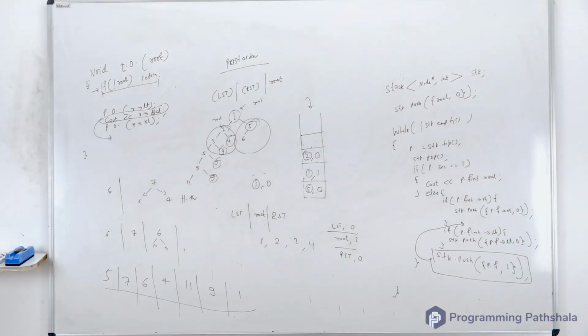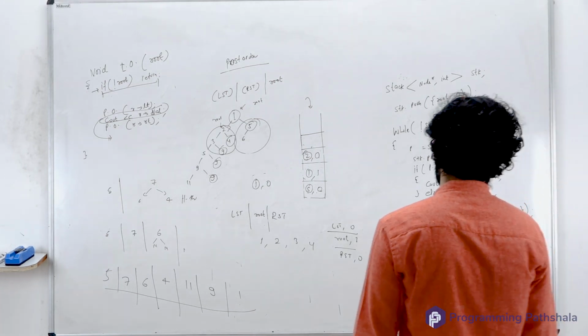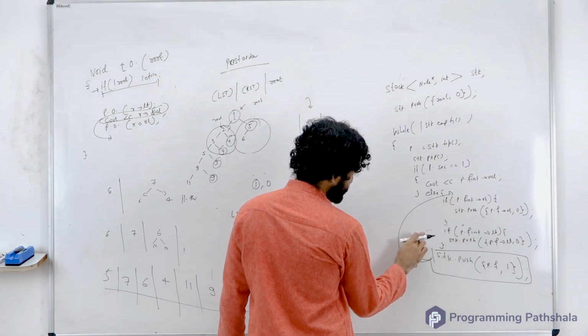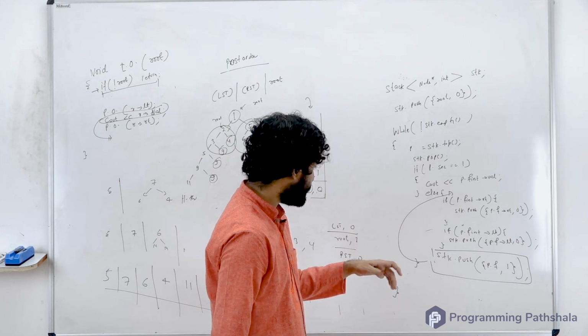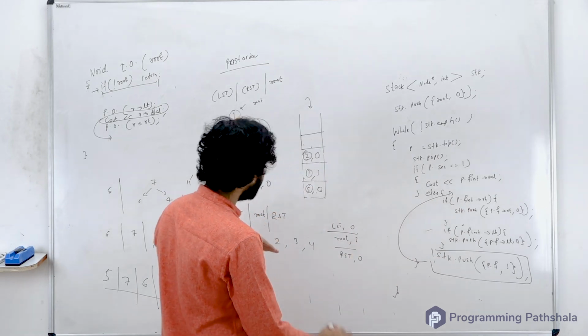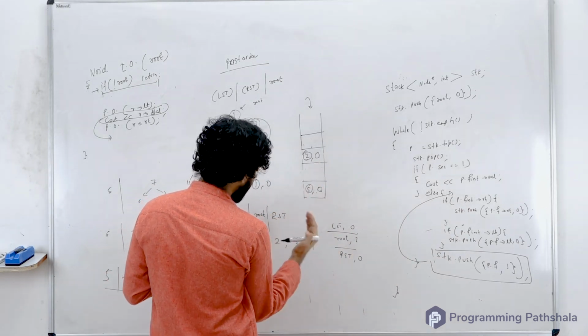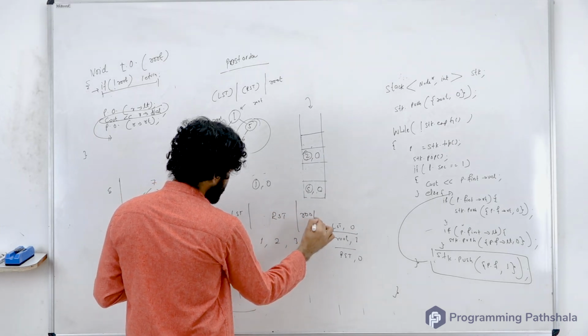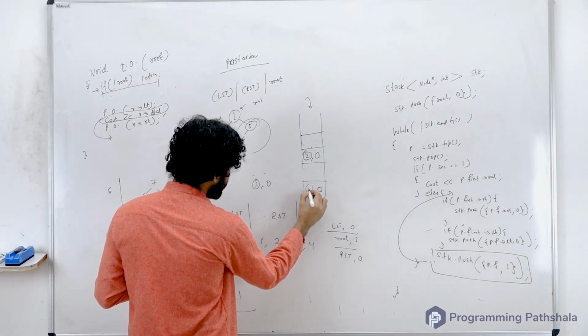Now what are your thoughts on post order? Can you do post order also? What will be the only difference in post order? I think the only difference will be that now this thing will come at the top, not here. Because now whatever is my root, that must be printed in the end. So that root itself has to be pushed with the flag of 1.